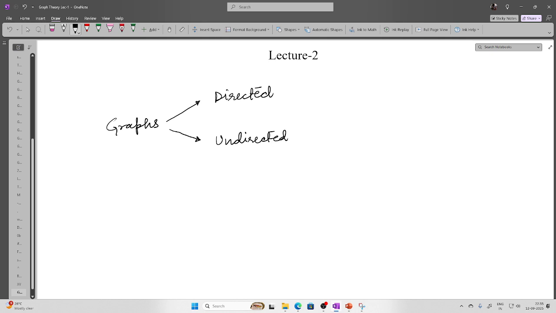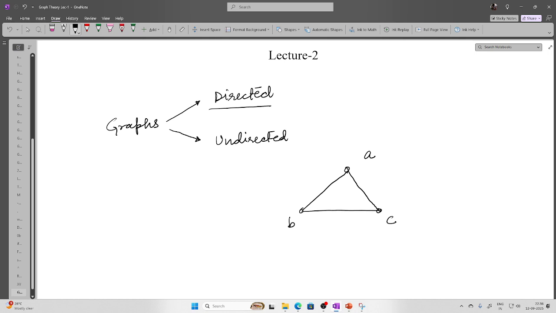Now, what is a directed graph? So first we will be talking about directed graph. Consider this graph A, B, C. These are vertices and they are connected by edges. This you have seen in previous video.